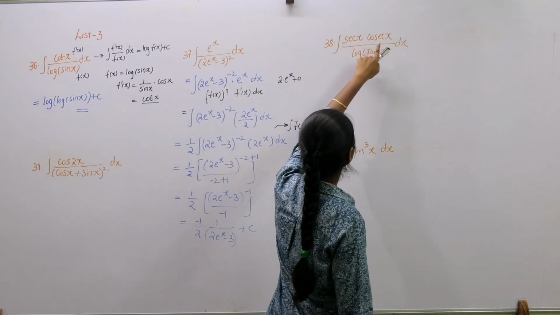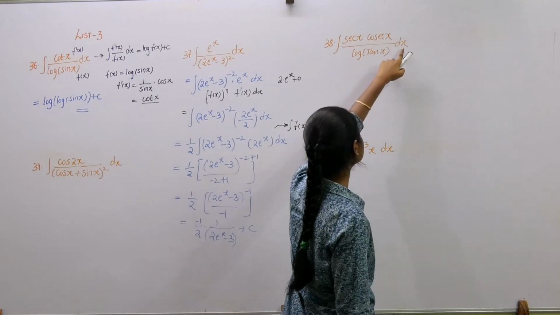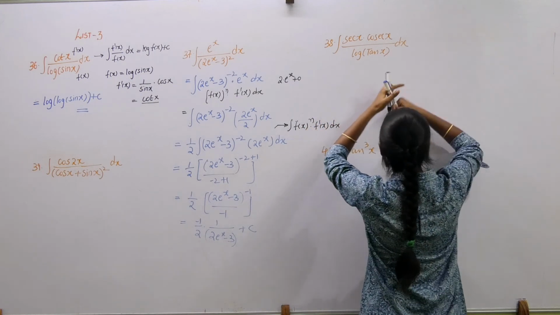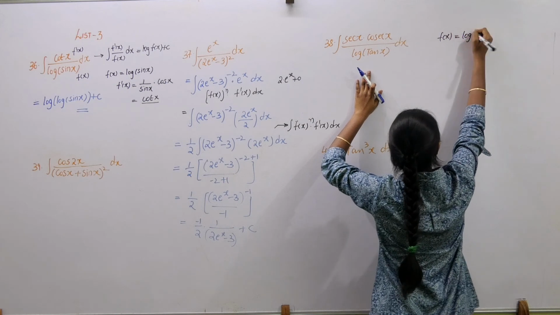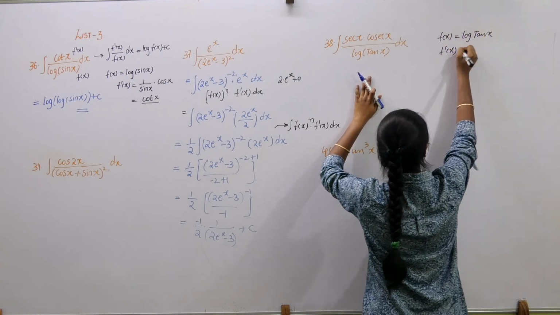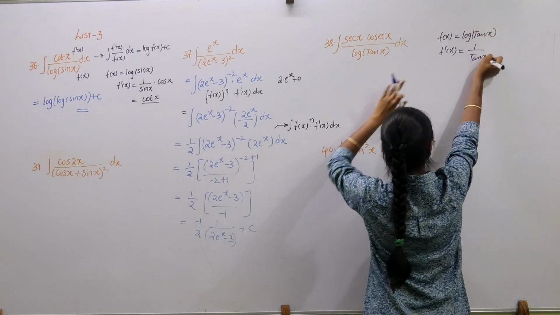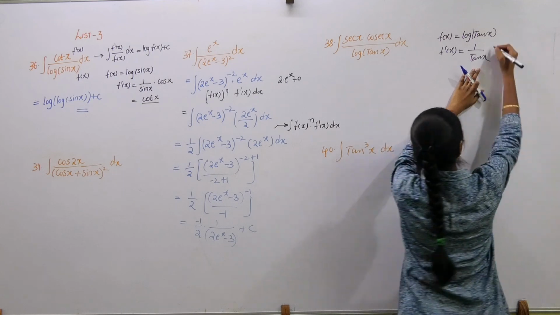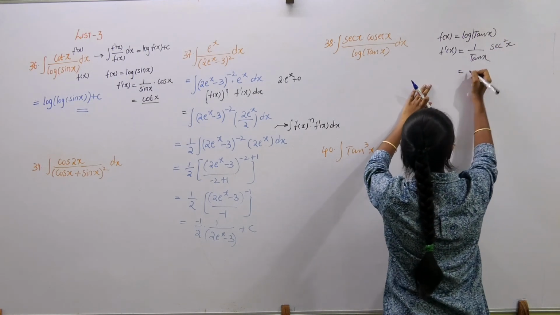Integral secant x into cosecant x by log of tan x dx. Let f of x equal log of tan x. Then f dash of x equals 1 by tan x. Again differentiating tan x, it becomes secant square x.